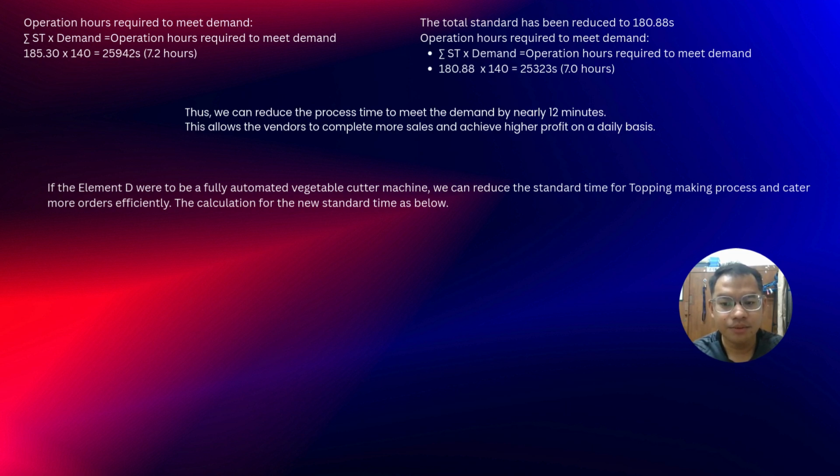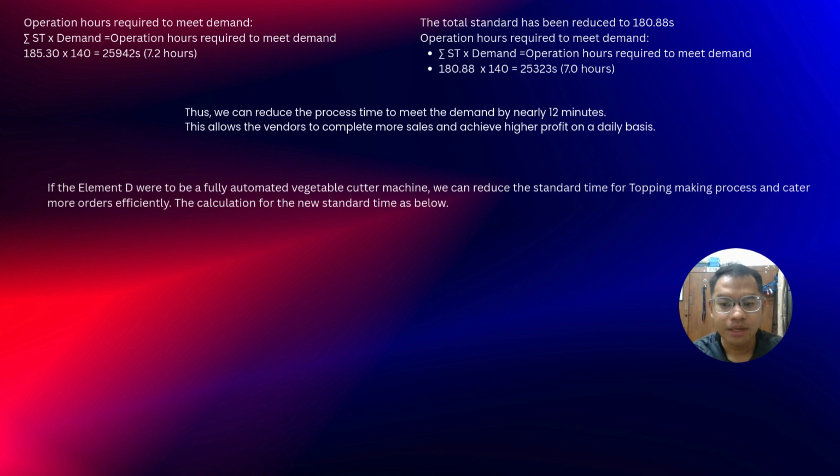If element D were a fully automated vegetable cutter machine, we can reduce the standard time for the topping making process and cater more orders effectively. The calculation for the new standard time is stated as below.